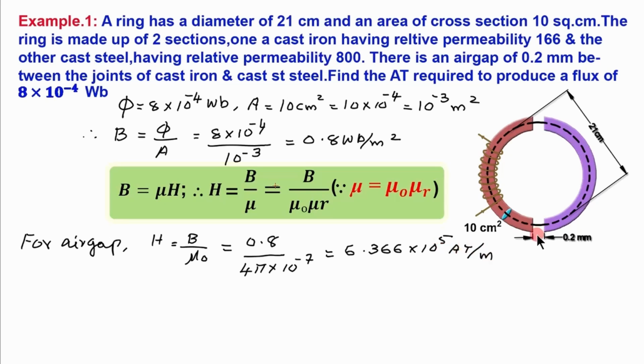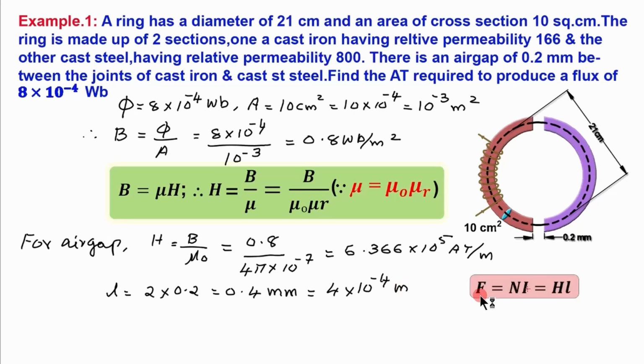Here the air gap is 0.2 and here it is 0.2. So total air gap becomes the sum of these two. That is, total air gap L is equal to 2 into 0.2, that is equal to 0.4 mm, that is equal to 4 into 10 raised to minus 4 meter.